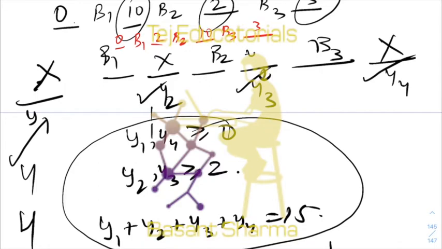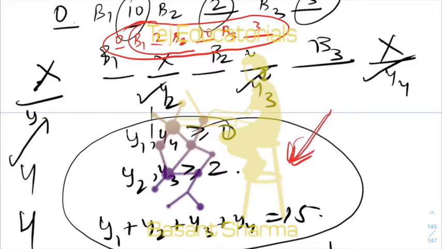Now once you have this distribution, you can arrange the boys also. You can arrange the boys corresponding to every such solution. For example, like this red box, you can permute the boys in 3 factorial ways, and you can permute the 15 girls in 15 factorial ways, right? All of them will be different cases.